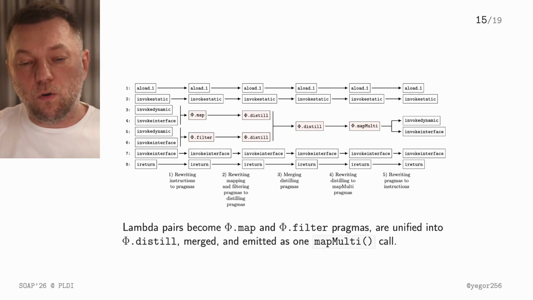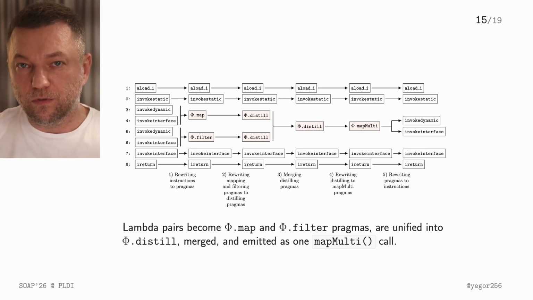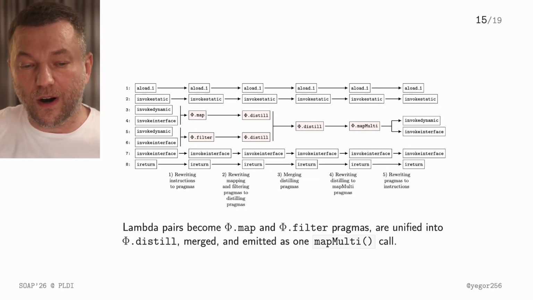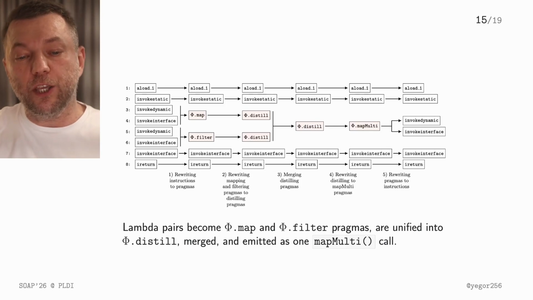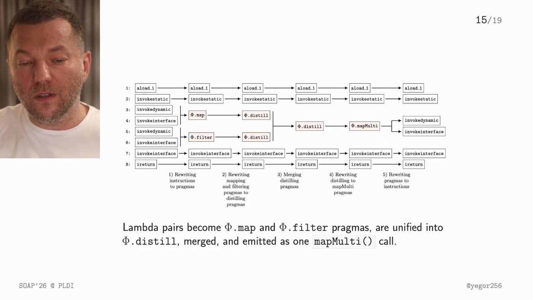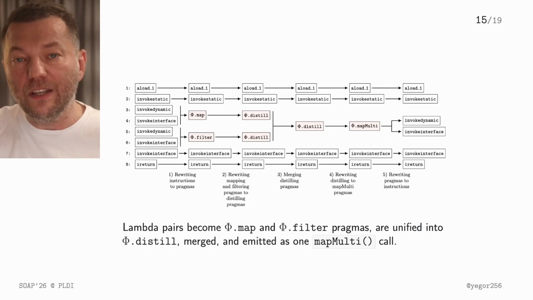Pragma is our own synthetic opcode. It doesn't exist in real Java bytecode. It's what we invented. This is our own pragma. Then these two pragmas, we transform to a uniform distilled pragma so that they look similar on the interface.